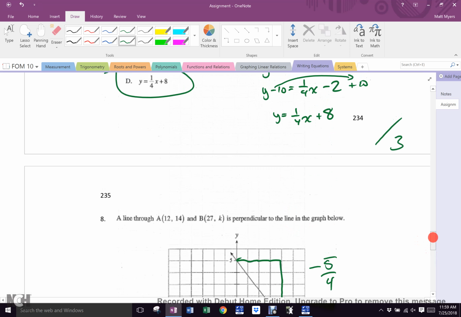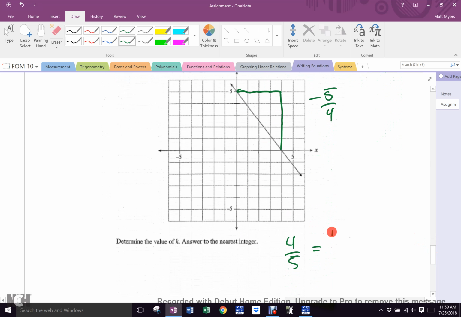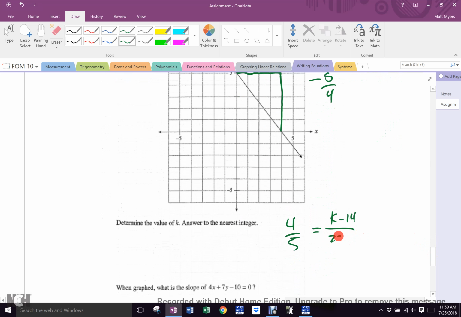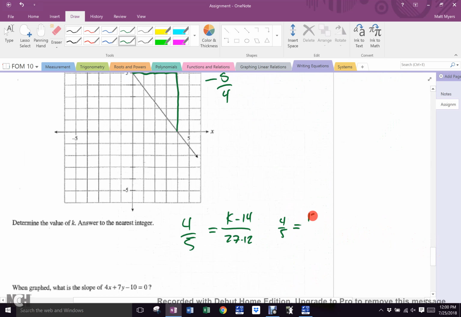And I know that it's (k minus 14) over (27 minus 12), which is 4 over 5, equals (k minus 14) over 15. 60 equals 5k minus 70. Plus 70 to both sides. 130 equals 5k. So k equals 26, right? Yep. 2 marks for that.